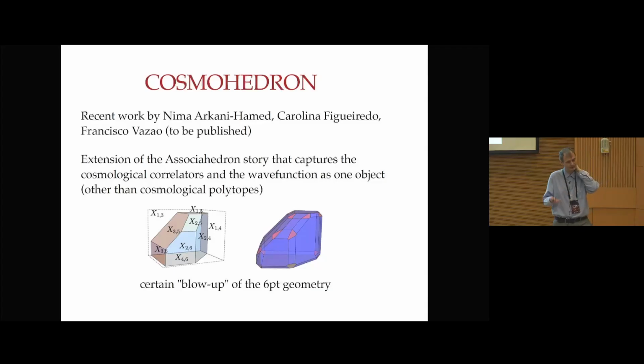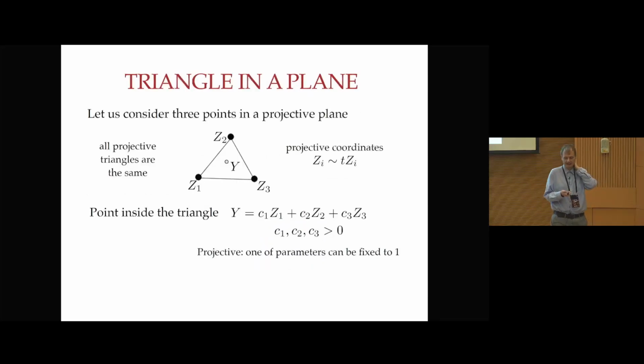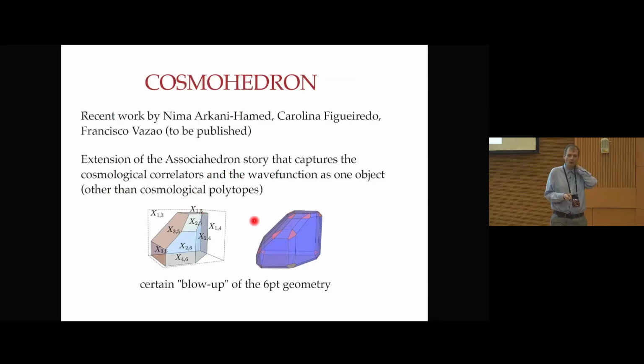They were also positive geometries, but now they have a new story which captures the whole wave function of the universe, and also cosmological correlators, as one object. And it's a certain blow-up of the associahedron geometry. You start from that, and then for each vertex you do some treatment to blow it up, to capture that these cosmological correlators have more singularities than just the usual singularities 1/p². They also correspond to energy singularities, and they are captured by these additional boundaries in the geometry.